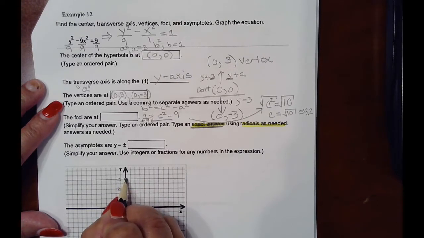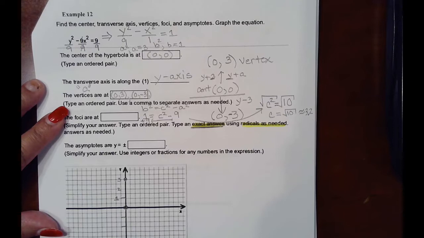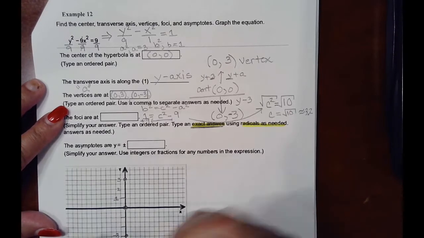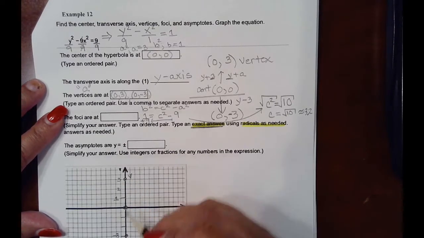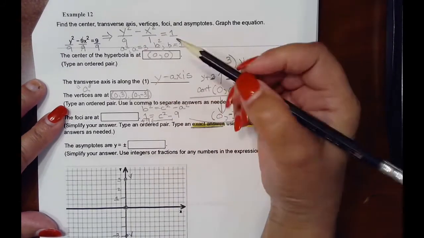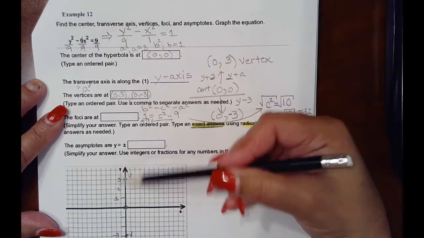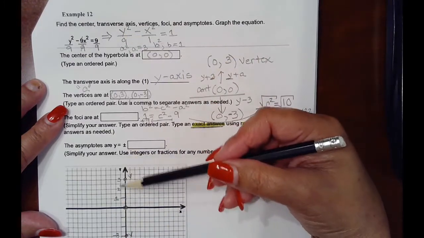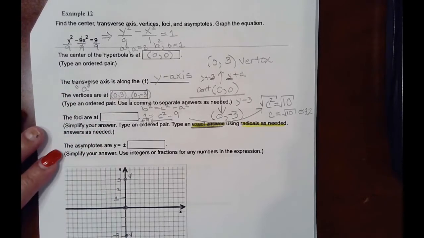So I'm going to call this point right up here 0, 3. I'm going to do the same thing coming down this way, negative 1, negative 2, negative 3. So this will be 0, negative 3. Notice that the center and your vertices are aligned vertically, and that's because that positive expression contained a y. So everything is aligned on the y-axis. It is the transverse axis.